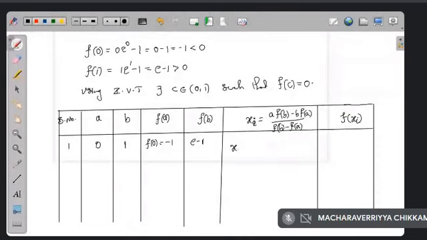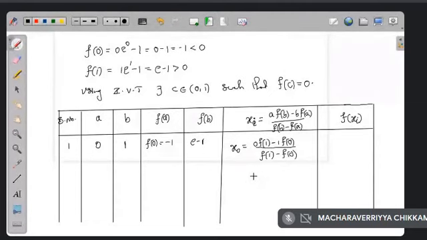So what is x now? So that is, a is 0, so 0 into f of 1 minus 1 into f of 0, divided by f of 1 minus f of 0. Alright.